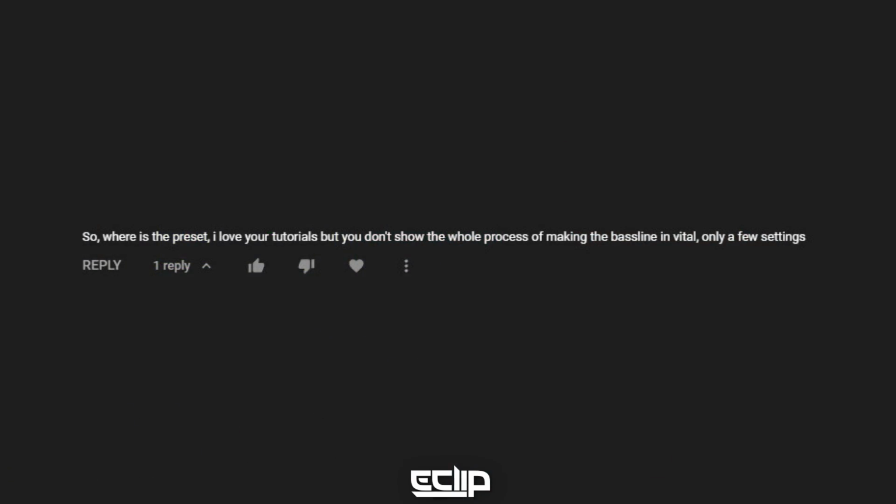Okay, so where is the preset? I love your tutorials, but you don't show the whole process of making the bassline in Vital, only a few settings. So okay, this guy, I think he saw only the first video where I just showed the synthesis, and the preset was in the second video, Amazing Bassline with Vital.